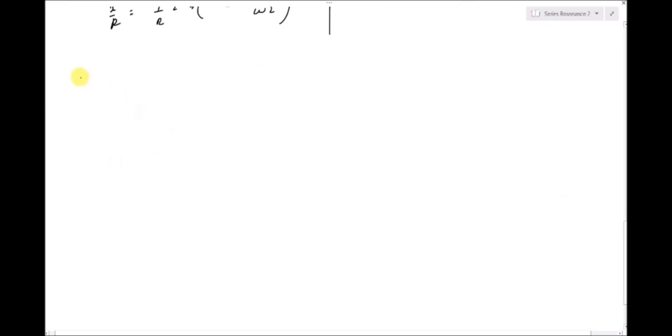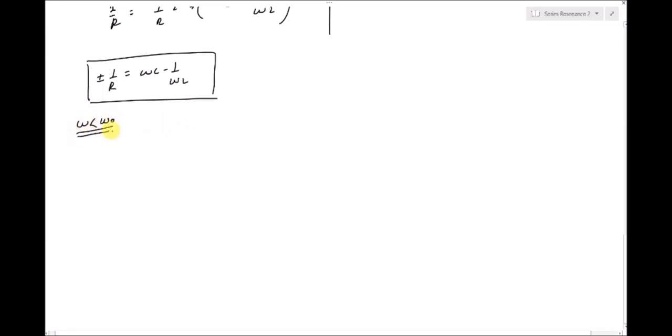So I will write down equation A again. It was plus minus 1 over R is equal to omega C minus 1 over omega L. Now we have to find the upper and lower cutoff frequencies. For the lower cutoff frequency, omega should be less than omega naught, right?